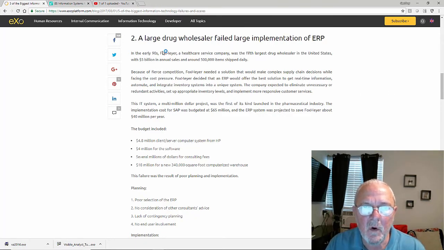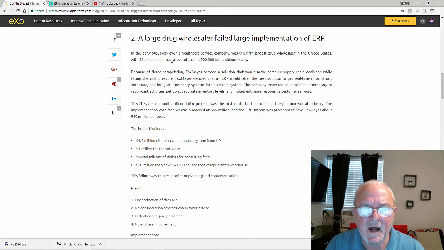Number 2, a large drug wholesaler failed large implementation of ERP. If you don't know, ERP stands for Enterprise Resource Planning. These are large-scale organizational information systems that you can buy off the shelf. Let's see what it says.